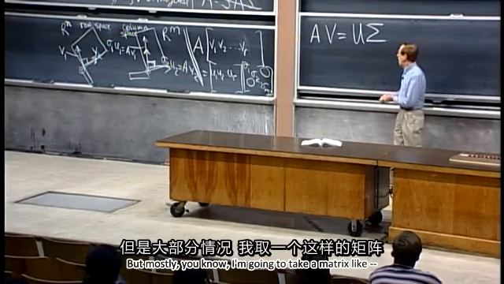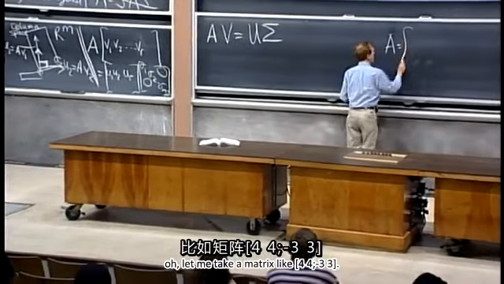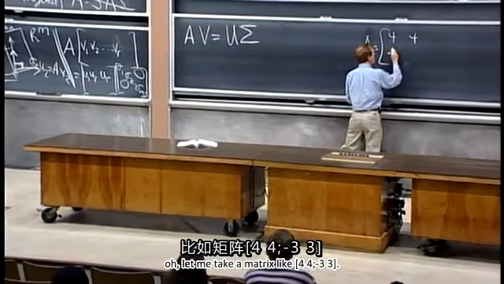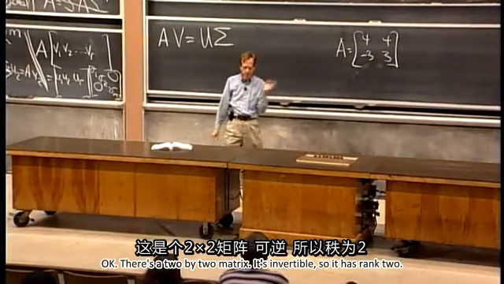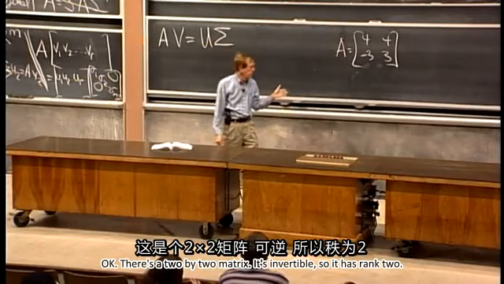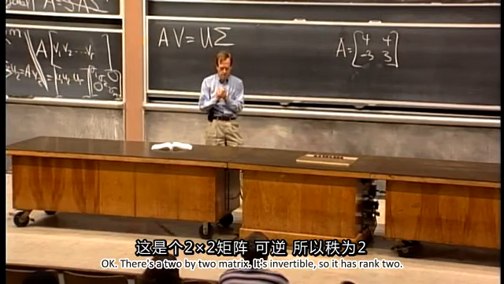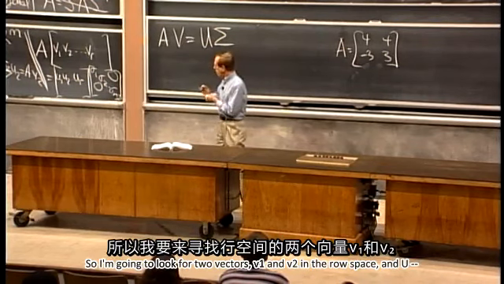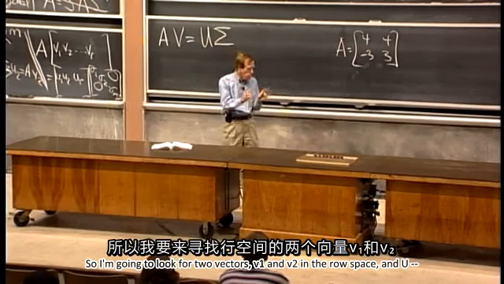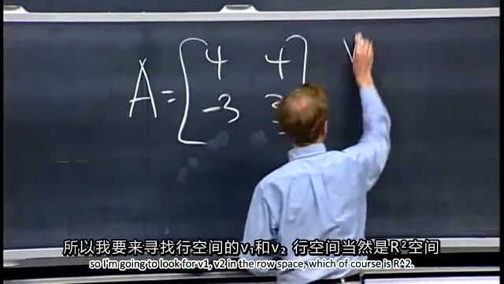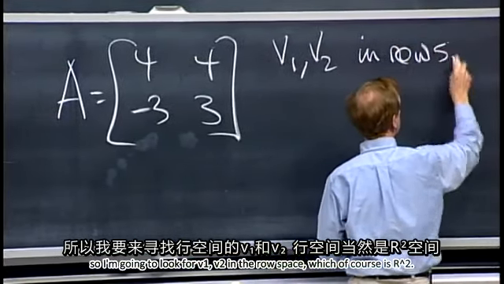But mostly, let me take a matrix like 4, 4, minus 3, 3. There's a 2 by 2 matrix. It's invertible, so it has rank 2. So I'm going to look for two vectors, V1 and V2, in the row space, which of course is R2.